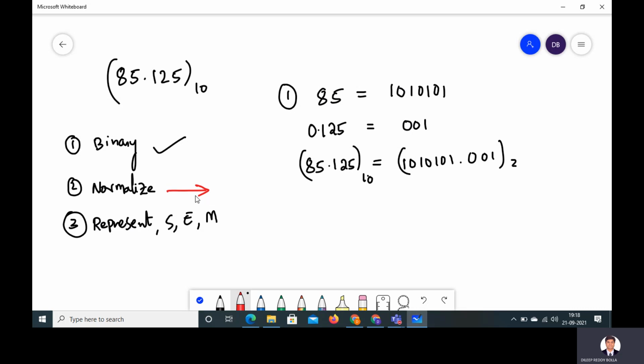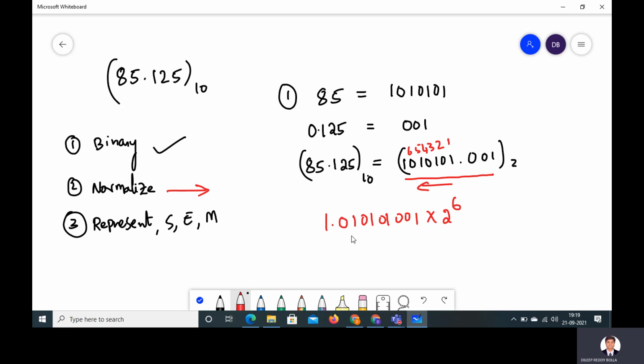The second step is called normalization. We normalize this number, which means we represent it as 1.010101001 and count how many places we have moved the point to the left: 1, 2, 3, 4, 5, and 6. So we moved 6 places, and we multiply by 2 power 6.